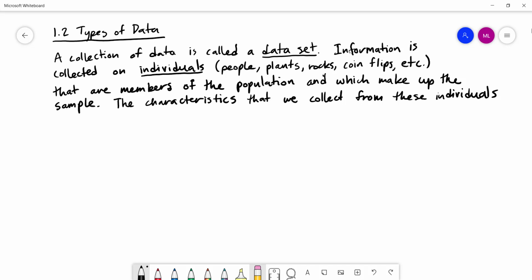So characteristics are called variables.